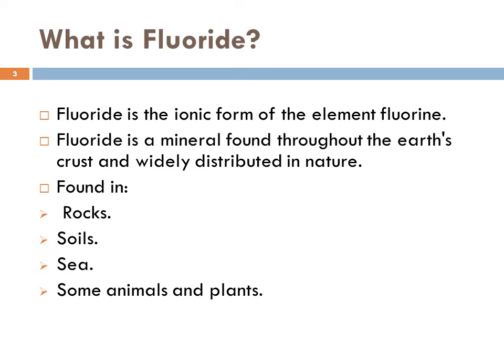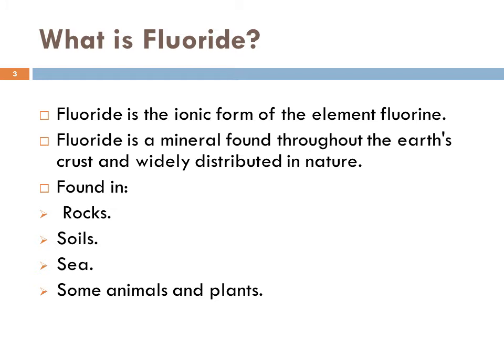So what is fluoride? Fluoride is a highly reactive substance. Actually, it is rarely found in an ionic form in nature. It always reacts with other minerals to form salts of almost all metals.